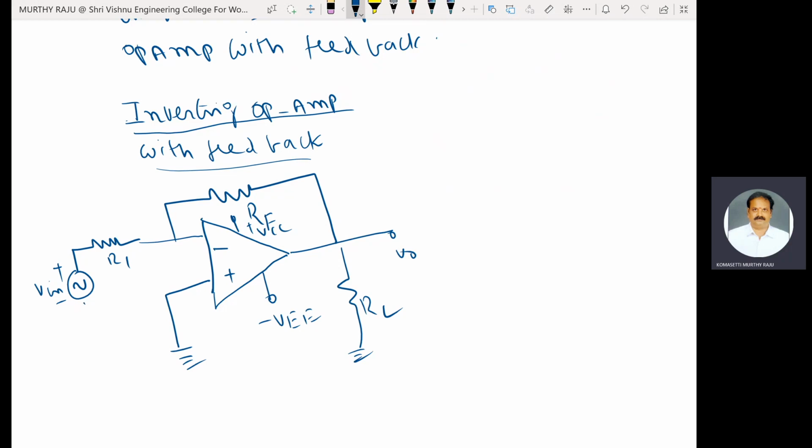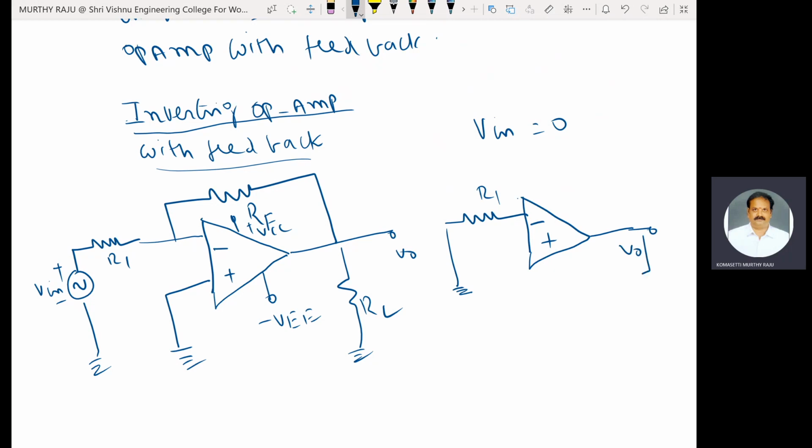Suppose Vin is equal to 0. Vin is equal to 0 means, this one is R1, connected to ground.